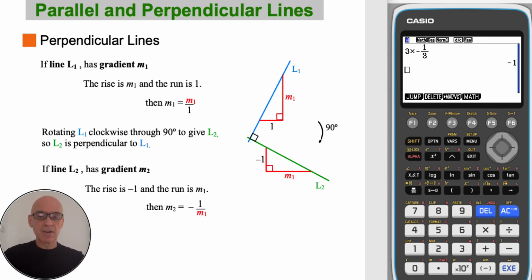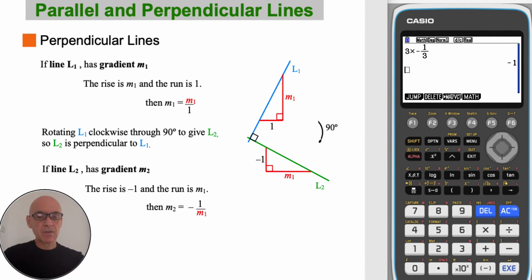In this diagram, consider the blue line, line L1, with a gradient of m1. Then the rise is equal to m1, and the run is equal to 1. Rotating L1 clockwise through 90 degrees will give L2. So line L2, the green line, is perpendicular to line L1, the blue line.